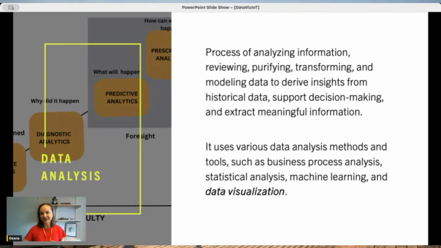Then you can go as far as so-called predictive analytics or prescriptive analytics, answering the questions: what will happen in the future, and how can I act on what has happened?